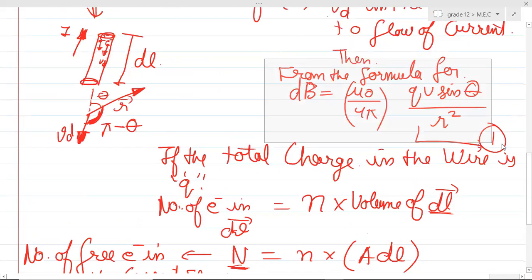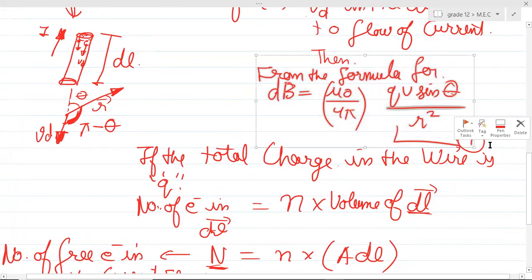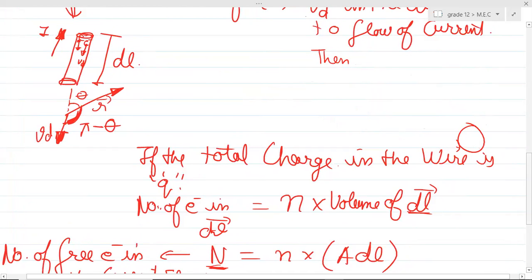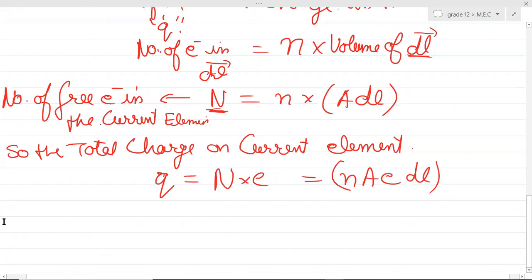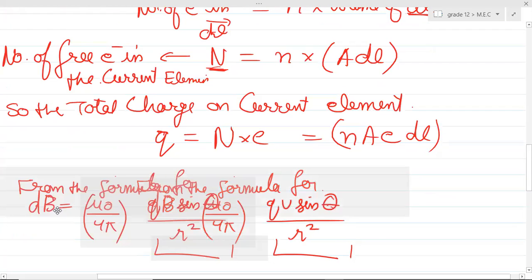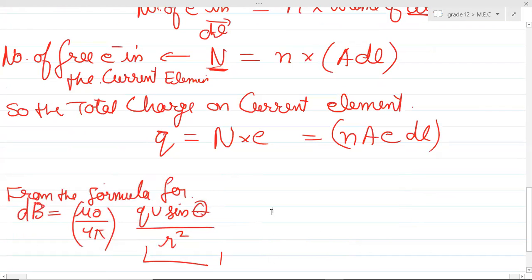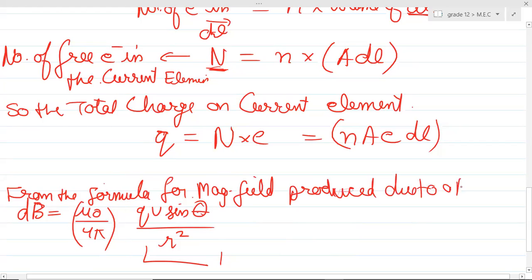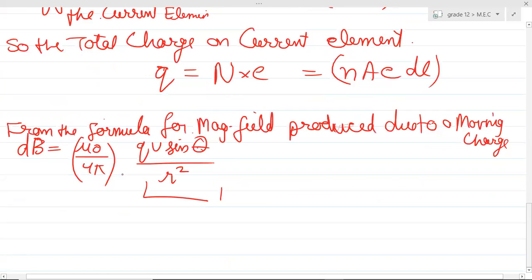So I'll just copy it. dB is equal to mu naught by 4 pi.